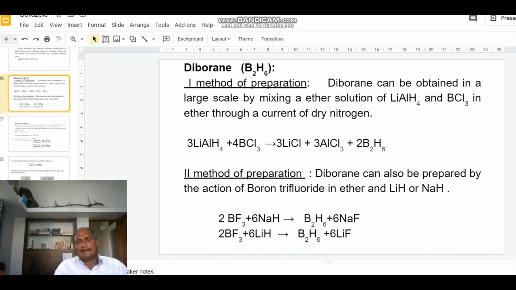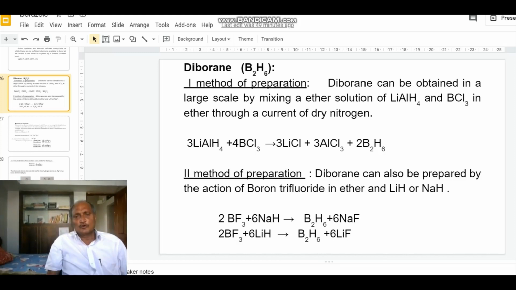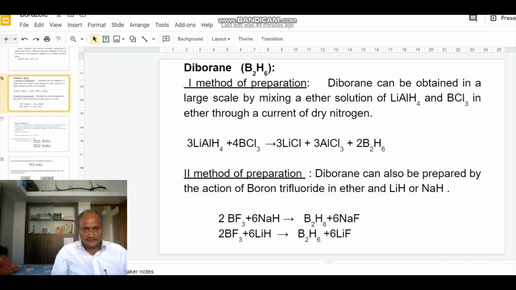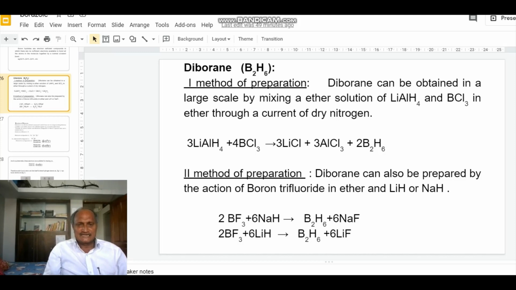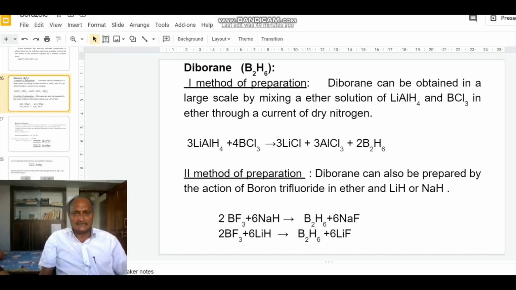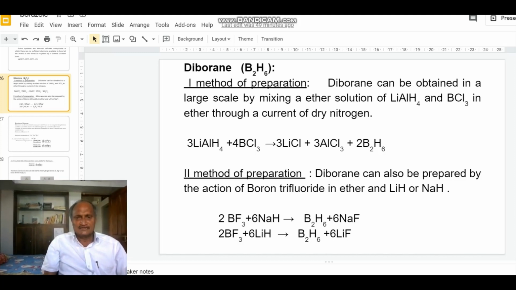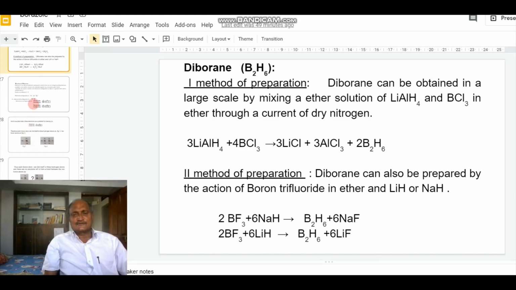Coming to the second method of preparation of diborane. Diborane can also be prepared by reacting 2 moles of BF3 with 6 moles of lithium hydride. It gives 1 mole of diborane with the formation of 6 moles of lithium fluoride.